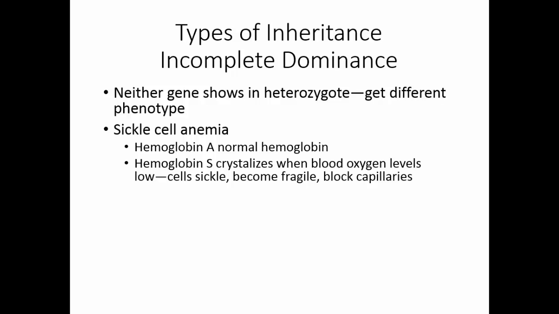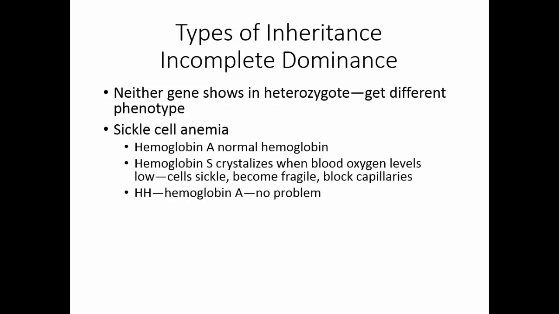Hemoglobin S will crystallize when blood oxygen levels are low. This crystallization of the hemoglobin causes the cells to sickle. They become fragile and easily break, so you have a lot of hemolysis, and they can also block capillaries, leading to tissue ischemia. The difference between hemoglobin A and hemoglobin S is one amino acid in the 6th position of the beta chain of the hemoglobin molecule.